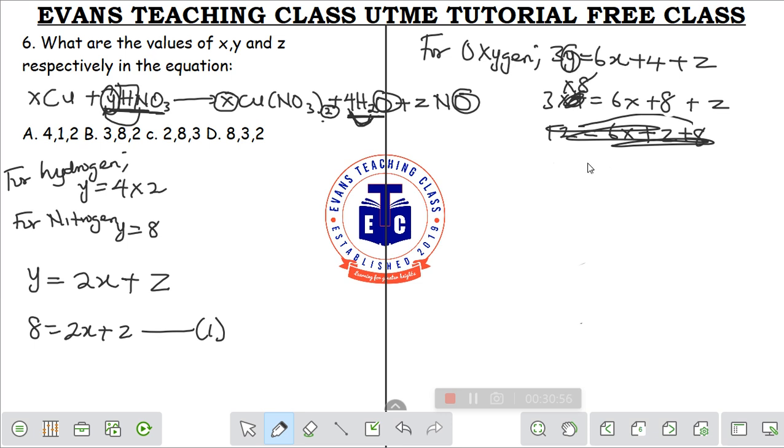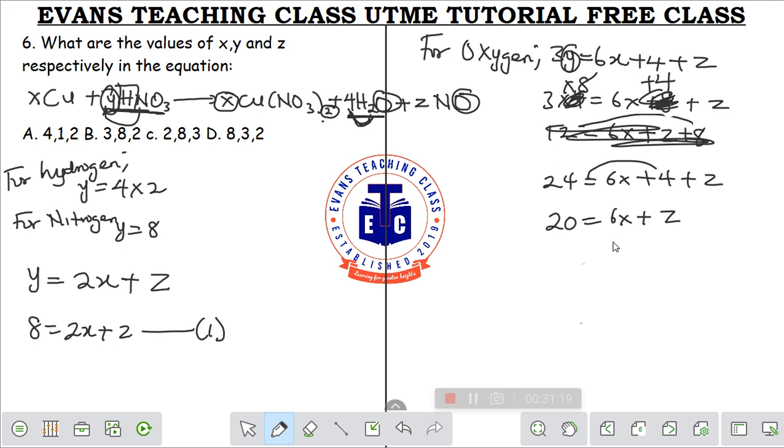So instead of 4, it should be 8 here. So that would be 24 is equals to 6x. So this place should still be 4. I don't know why I keep making mistakes like that. So it was 4 plus z. So bring 4 to this place. So we have 20 is equals to 6x plus z.